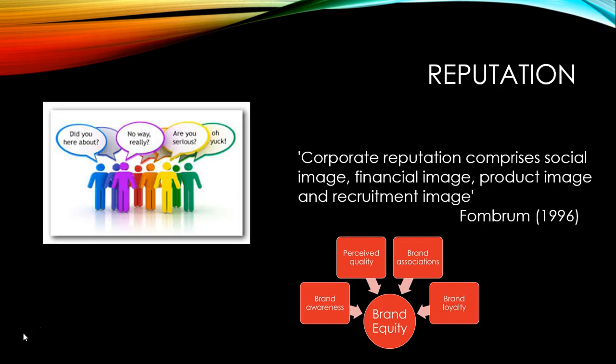Product image, so how does the product perform? What are the quality judgments that we make? That starts to link in with perhaps more specifically Keller's model of brand equity. And recruitment image, so how easy is it for this organisation to recruit staff? How does it behave towards the staff? And some of the other theories start to talk about reputation, digging a little bit deeper and going through many more elements.